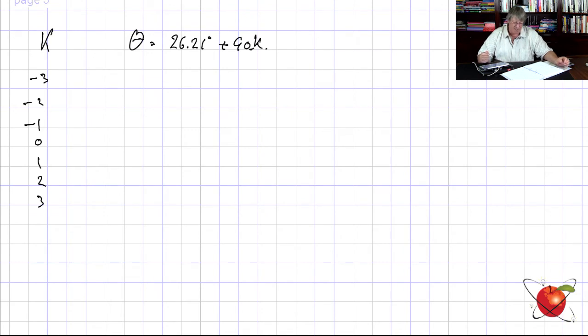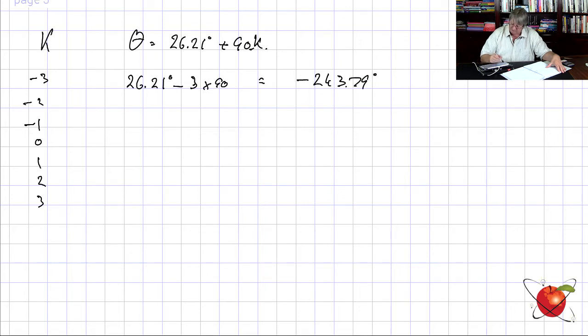In this case, there's my equation, and now let's have a look. This is therefore going to be 26.21 degrees minus 3 times 90, which is minus 243.79. Correct? This is going to be 26.21 minus 2 times 90.